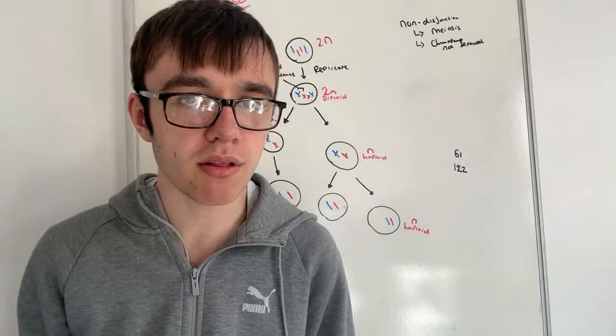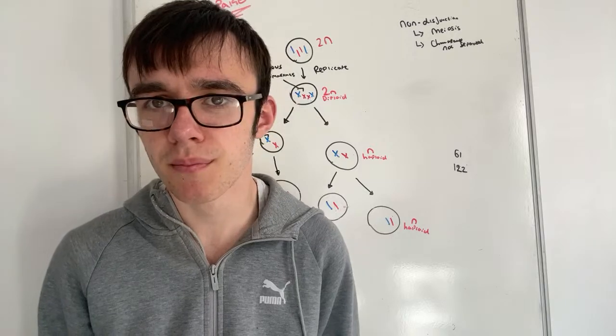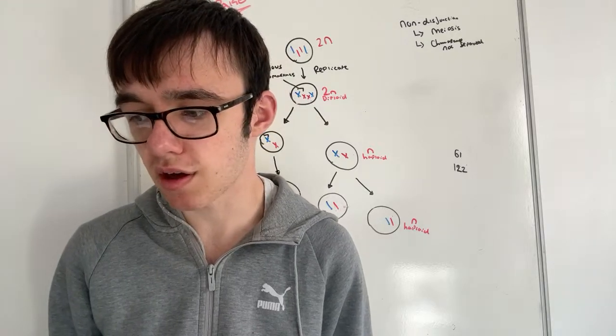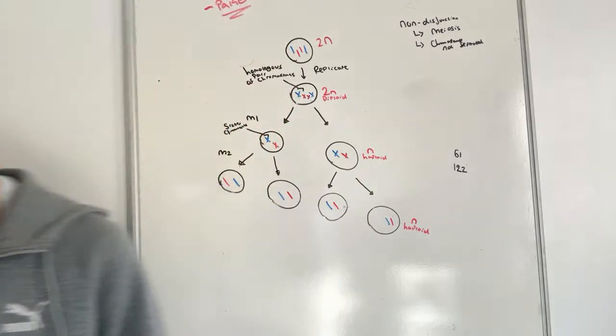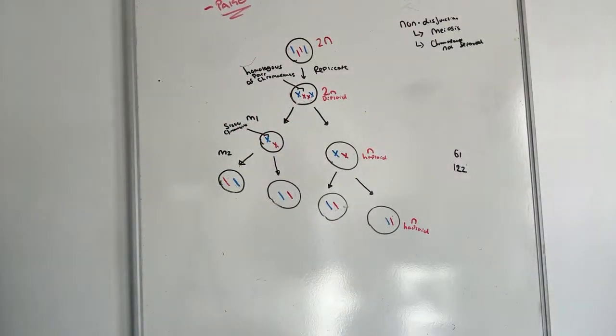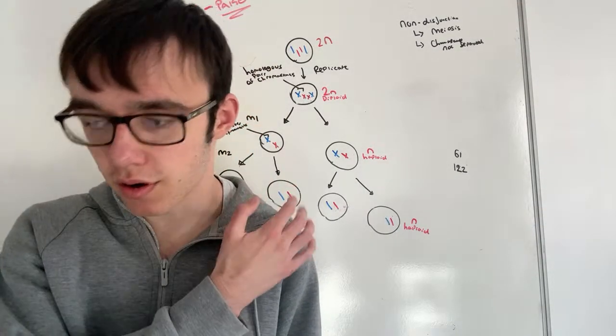Well, my go-to answer for this question is talking about how fertilization is random, because that would obviously increase genetic variation of offspring. Would that get you 2 marks? Let's have a look. Yes, random fertilization. And you would have had to specify that it produces new allele combinations. Cool. That was my go-to answer, and it worked.